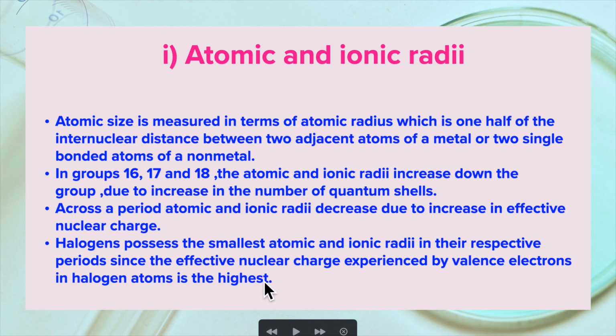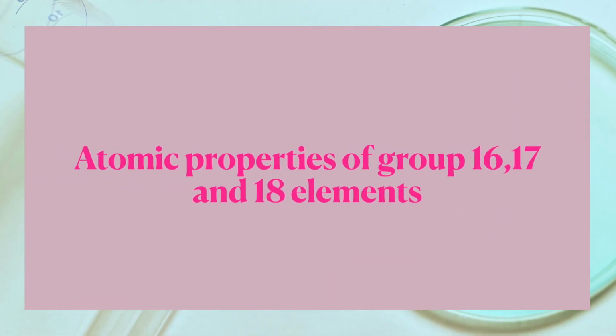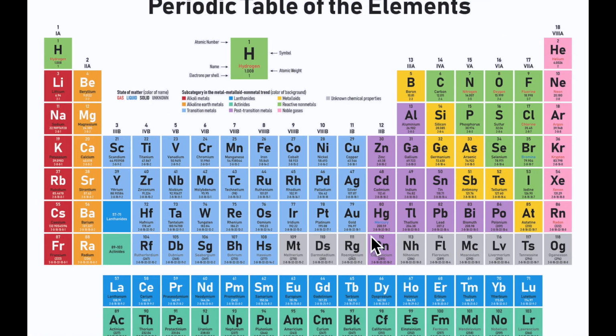In the second period, fluorine has the smallest atomic size. In the third period, chlorine has the smallest atomic size, and then bromine. As we move from left to right the atomic size goes on decreasing, and so the elements in the 17th group have the smallest atomic size.